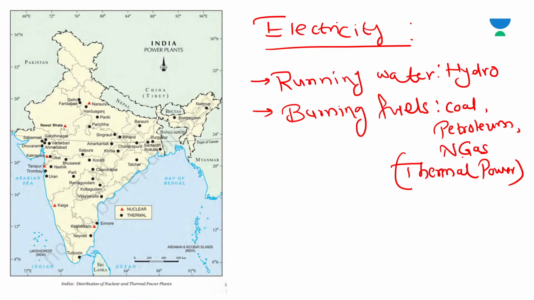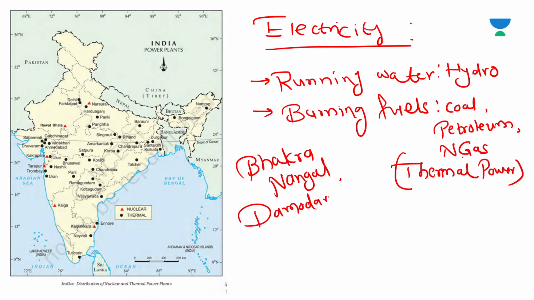So India has a number of multi-purpose projects like Bhakra Nangal, Damodar Valley Corporation, then Kopili Hydel project.